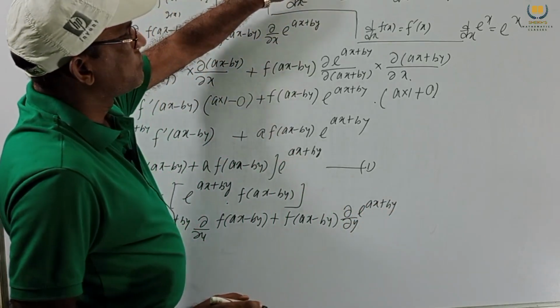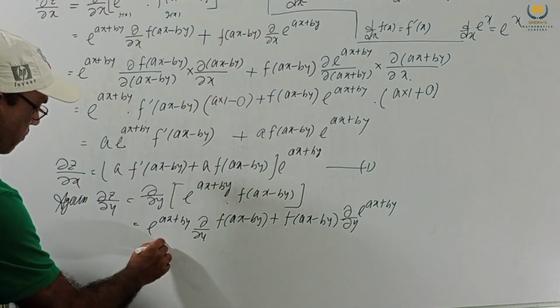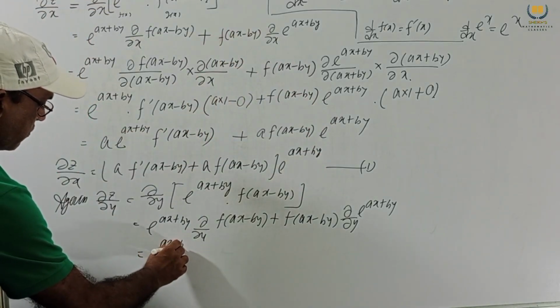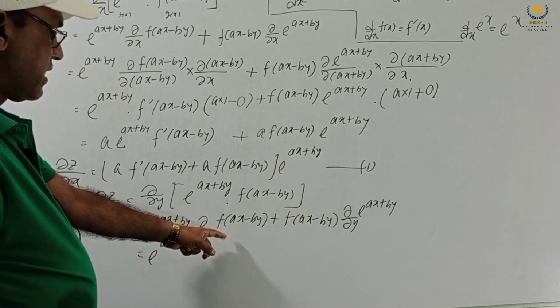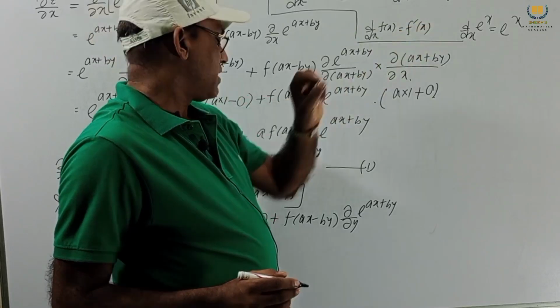Using this formula we get this one, and this is e to the power ax plus by. Again using chain rule, because if x is the same then we get f dash x.